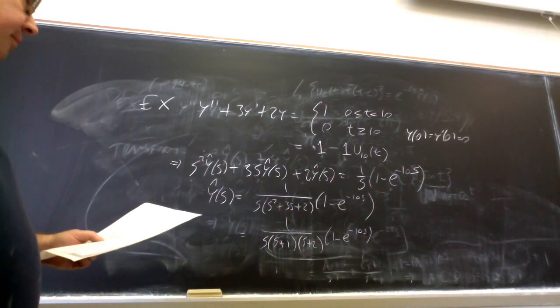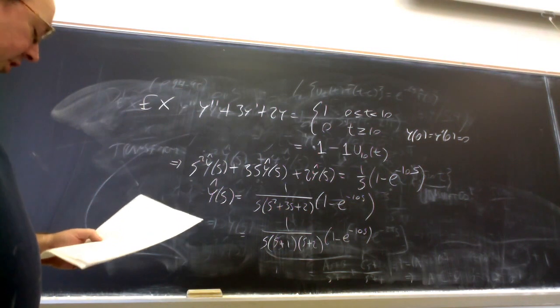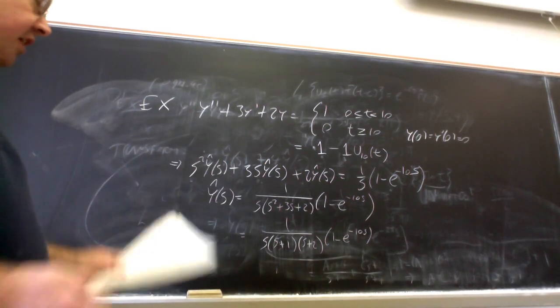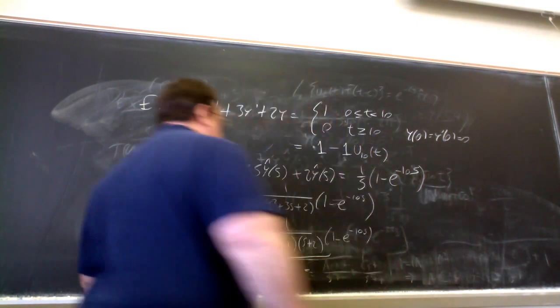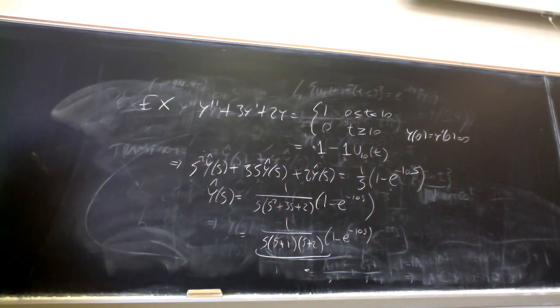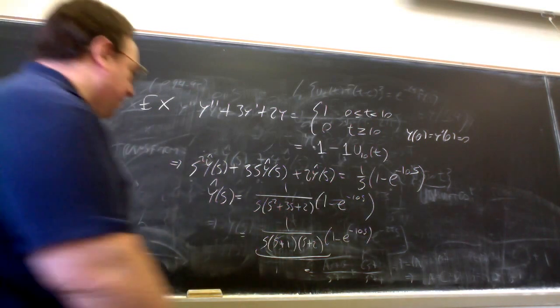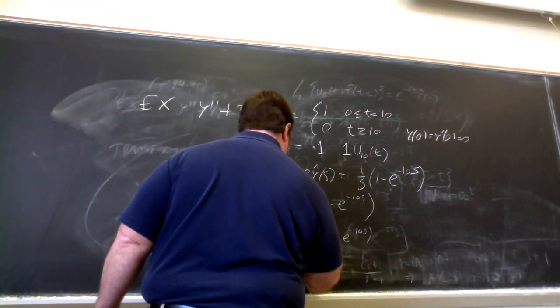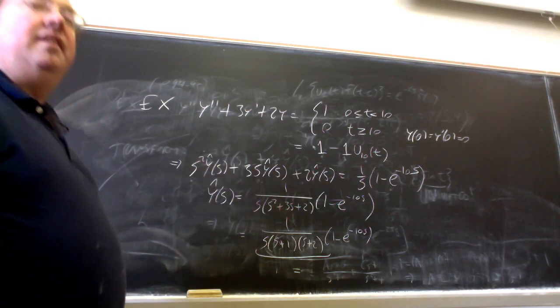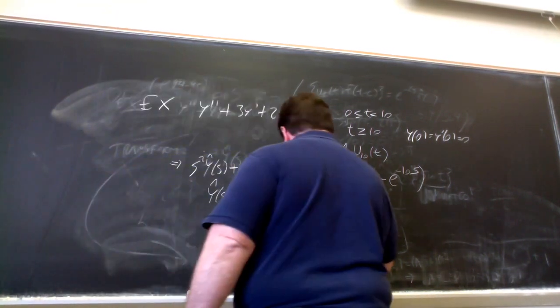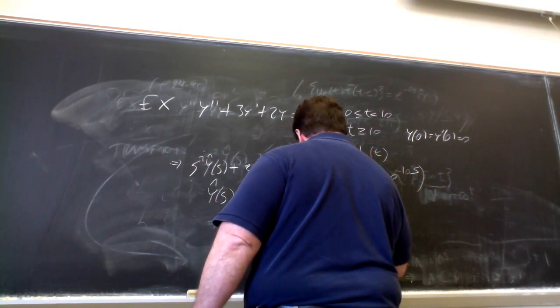Now we need to get it in a form where it can be inverted. What is the partial fraction form of that, in terms of constants A, B, C? A over s plus B over s plus 1 plus C over s plus 2.